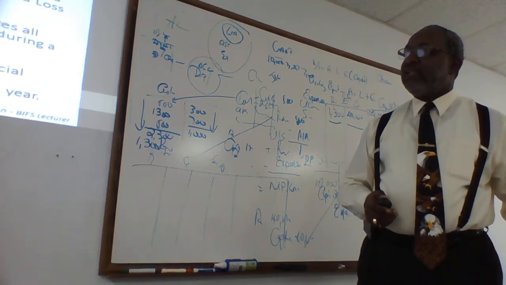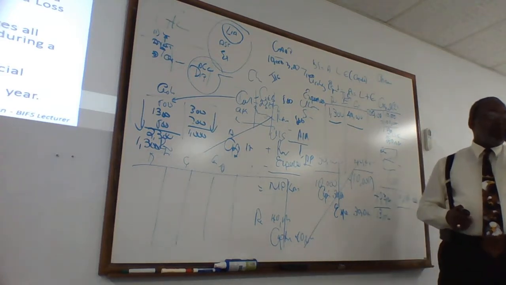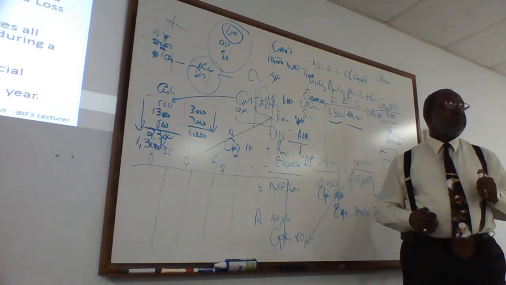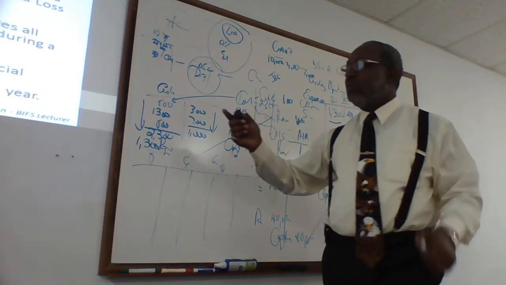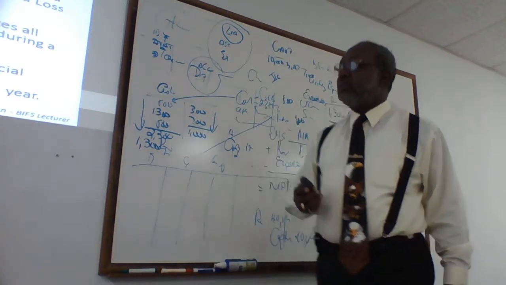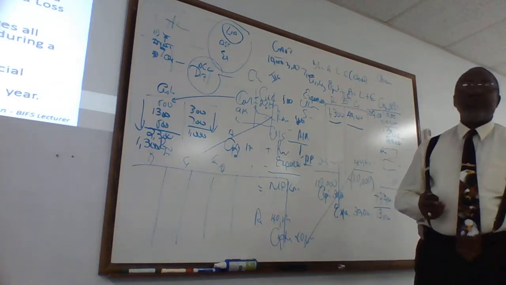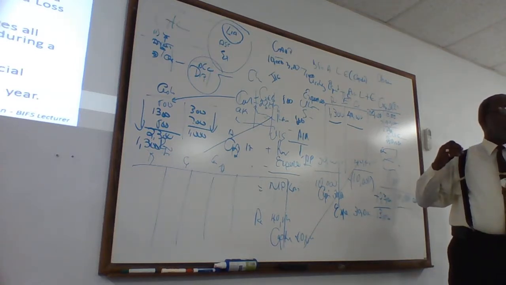And then finally, the statement of changes in financial position. This statement used to be called the cash flow statement. We still call it cash flow statement, but we have another nice name for it. This statement tells us where money came from and where money is going.